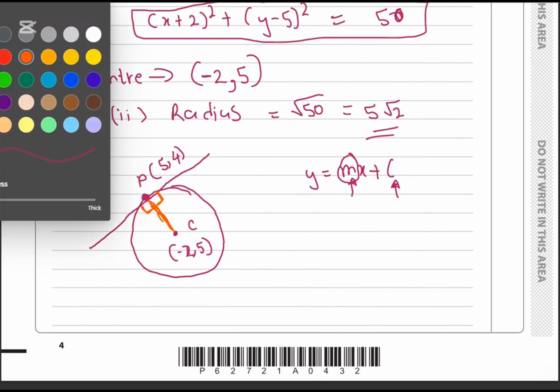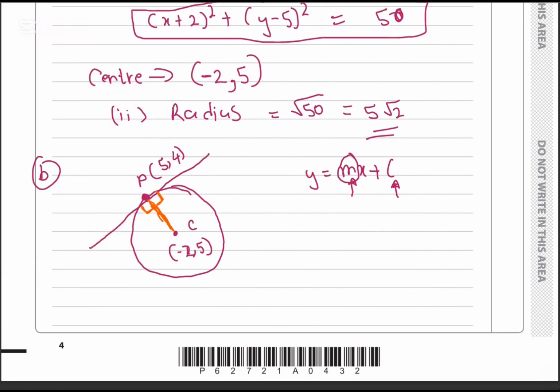So I'd find the gradient of my radius line first. m radius is y2 minus y1 over x2 minus x1, so I'd call these x1 y1, x2 y2.